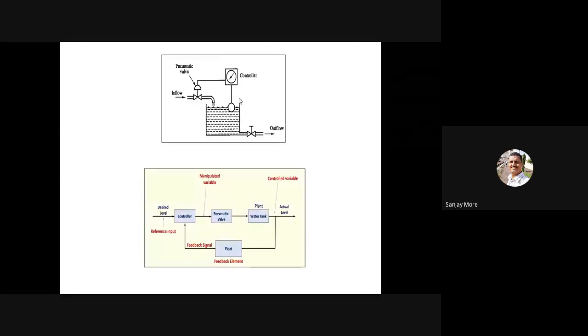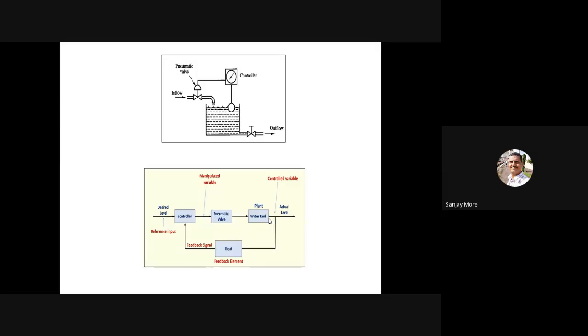Here in the block diagram, there are various reference points, input points, and a feedback element. See the desired level. Then the controller gives the direction to the pneumatic valve, and the pneumatic valve acts on the water tank, the plant. And the control variable means shutting off or stopping the flow of water.